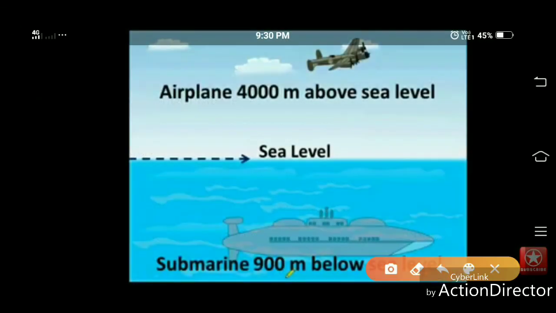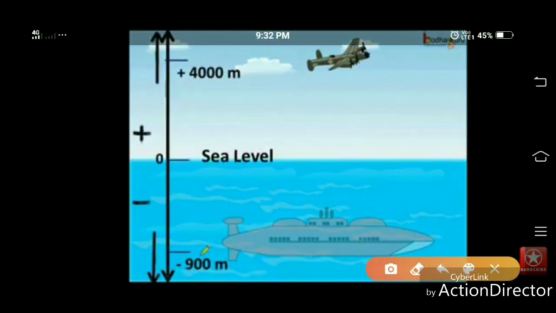Here we measure the height of an aeroplane and the depth of a submarine. So we use sea level. The aeroplane is 4,000 meters above sea level and the submarine is 900 meters below sea level. Using integers, we show these details like this.